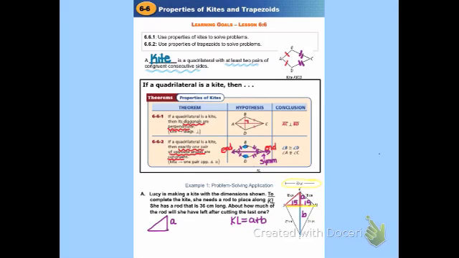I know that in this little right triangle, I have a leg that's 15 and a hypotenuse that's 18. So I can use the Pythagorean theorem: A squared plus 15 squared equals 18 squared. So A squared plus 225 is equal to 324, which is what 18 squared is. If I subtract 225 from both sides, it leaves me with A squared equals 99.